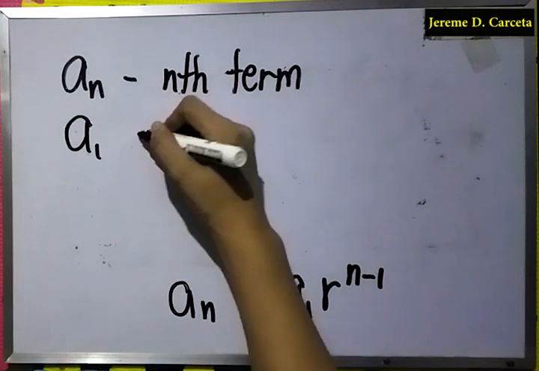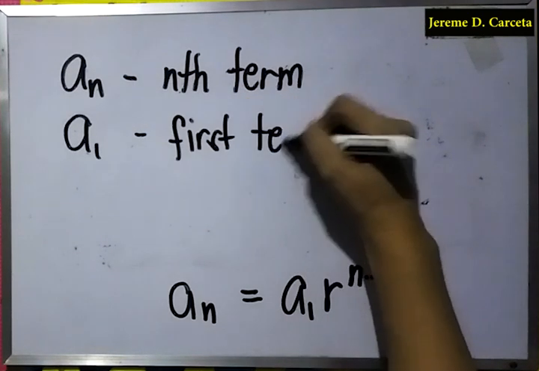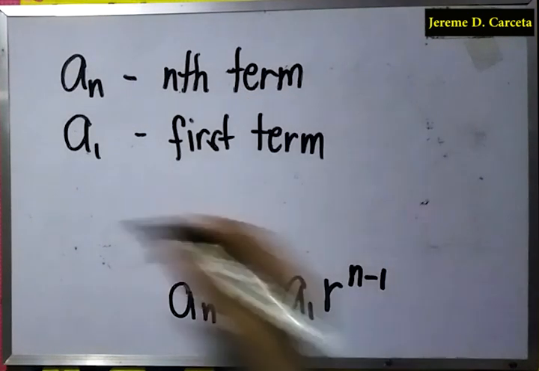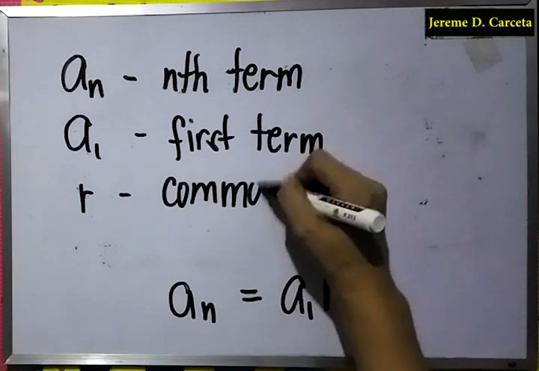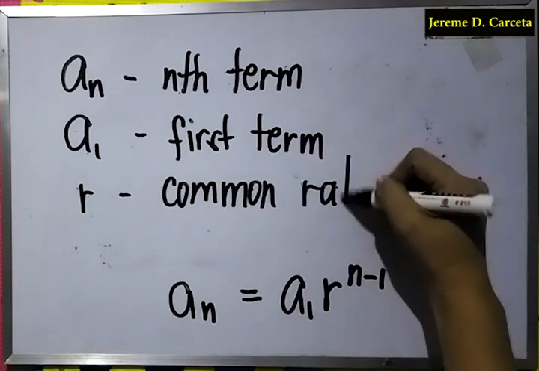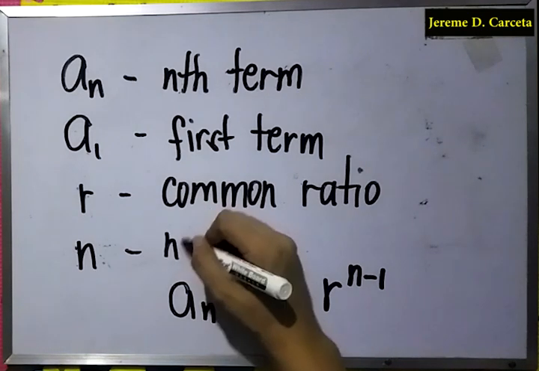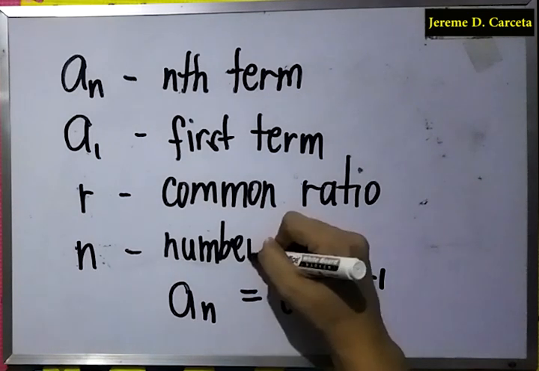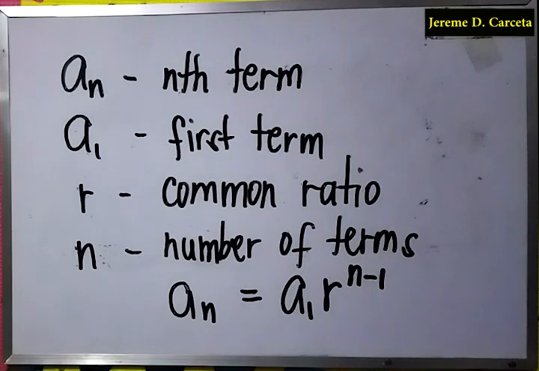Our a sub 1 is the first term. Our r is the common ratio. And our n is the number of terms, or the term number.